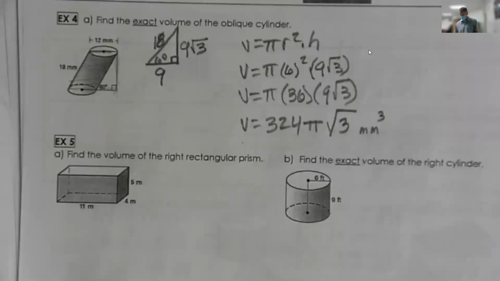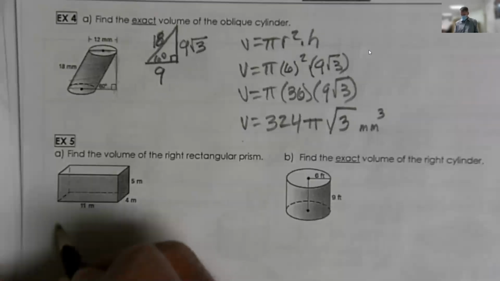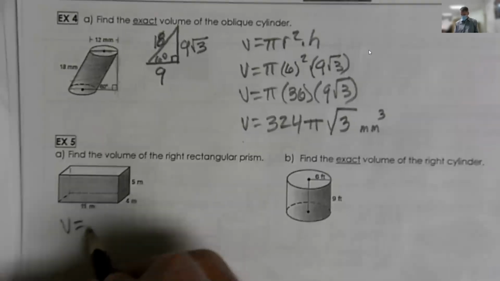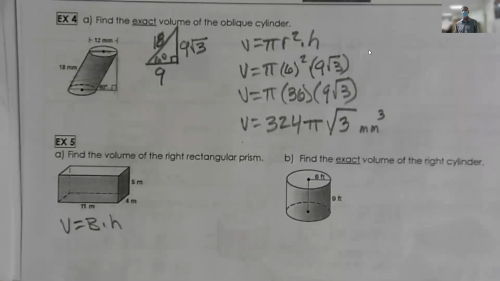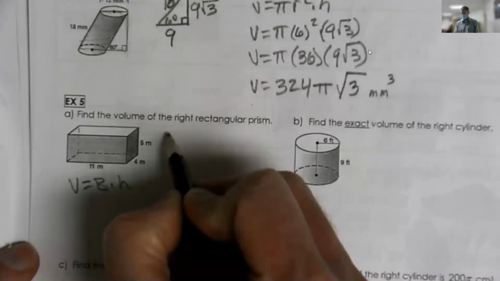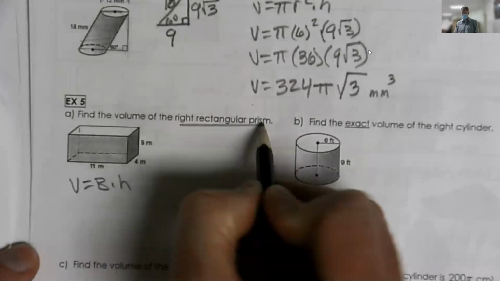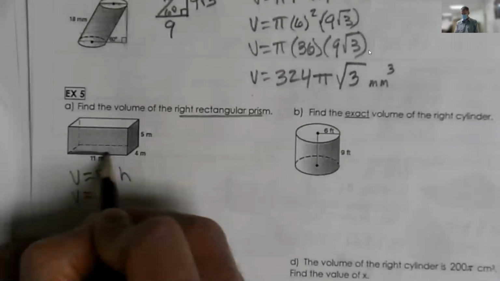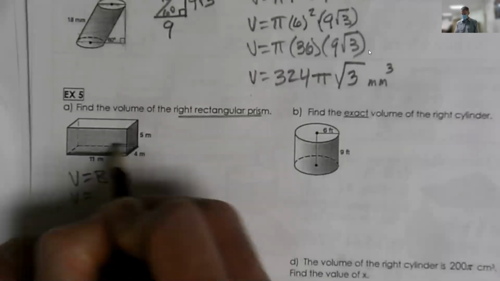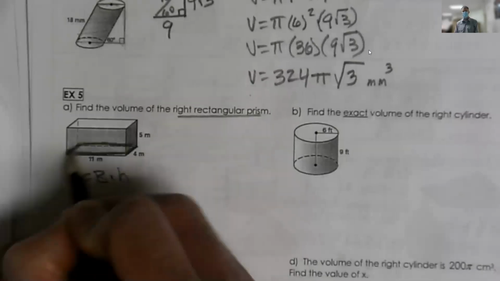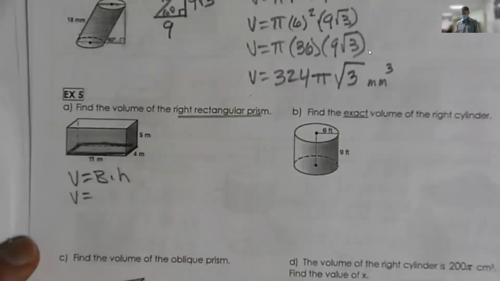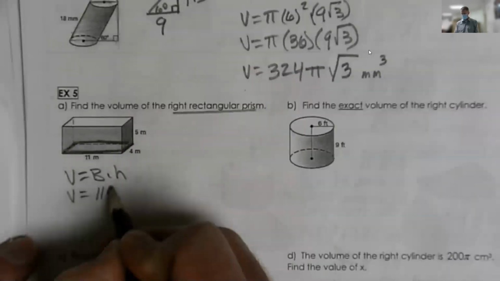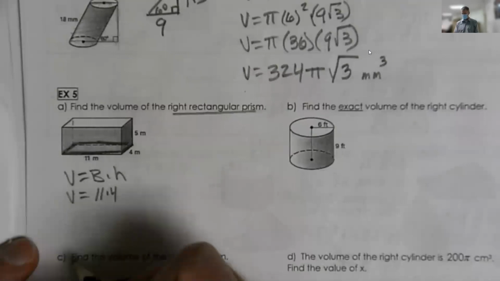Good questions. We have the volume. In this case, it is the base times the height. This is a rectangular prism. So our base is a rectangle. Most of us would probably consider the base to be the shape on the bottom. So that's the 11 times 4. And we also have the height.